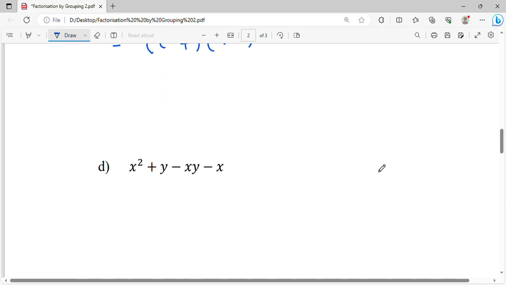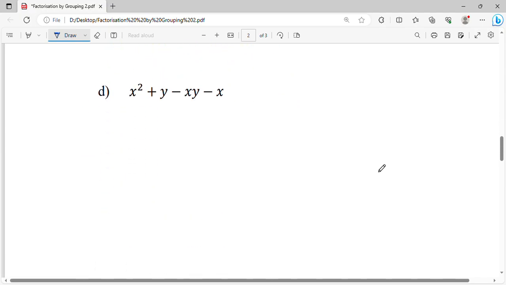Let's look at the next question. I do not see anything common between the first and the second. But let's say I arrange this and this, and then this and this. You may do it in more than one way, but at the end you'll get the same answer.